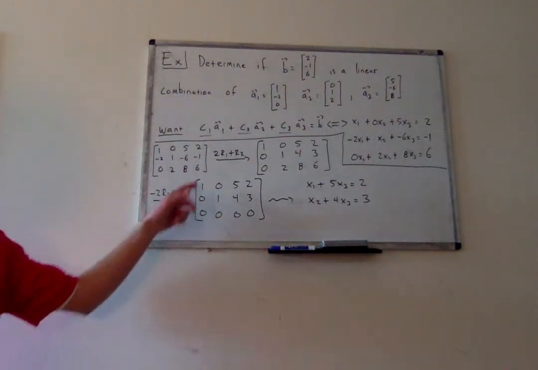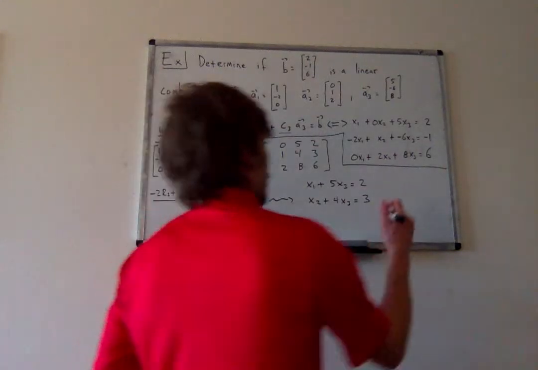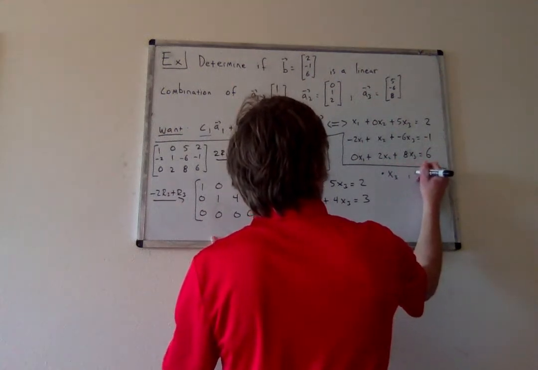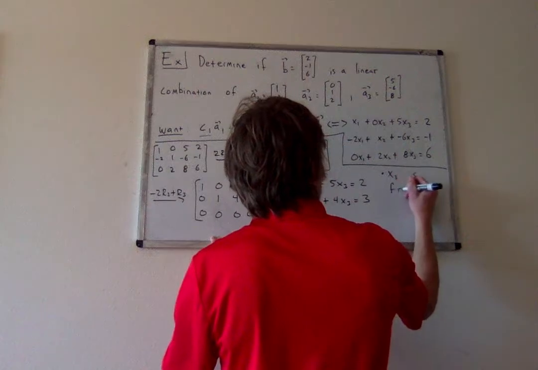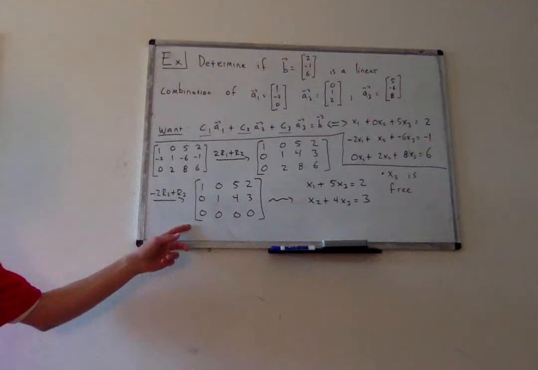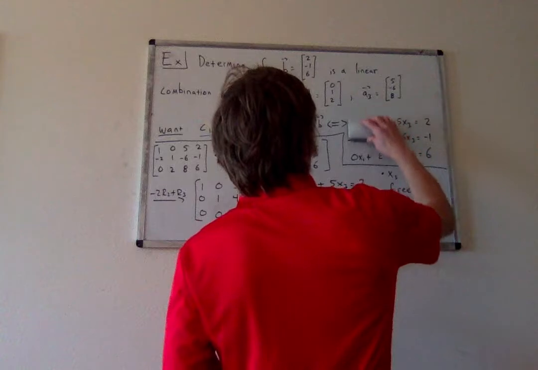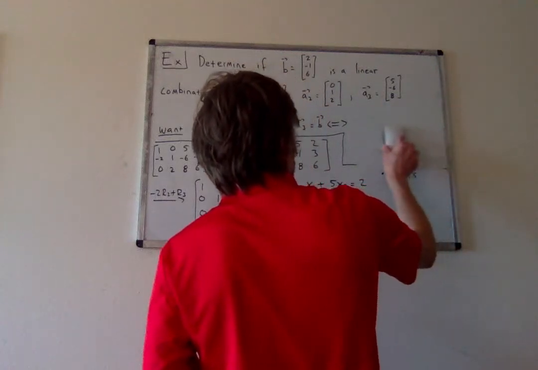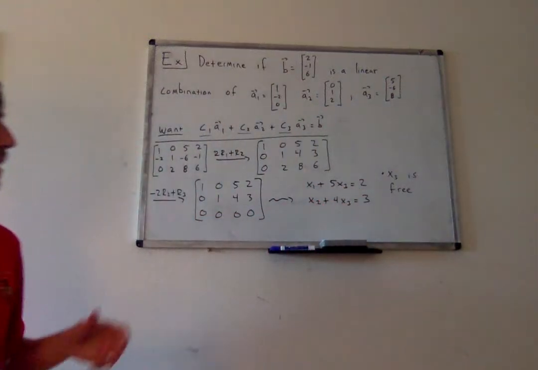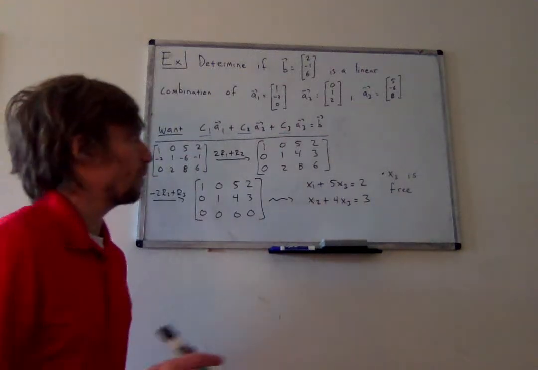So again, I just associate each column with a variable. Now, because x3 does not correspond to a leading 1, x3 is a free variable. And this means in this solution, I can pick any value I want for x3, and x1, x2 will be fixed based off of that.